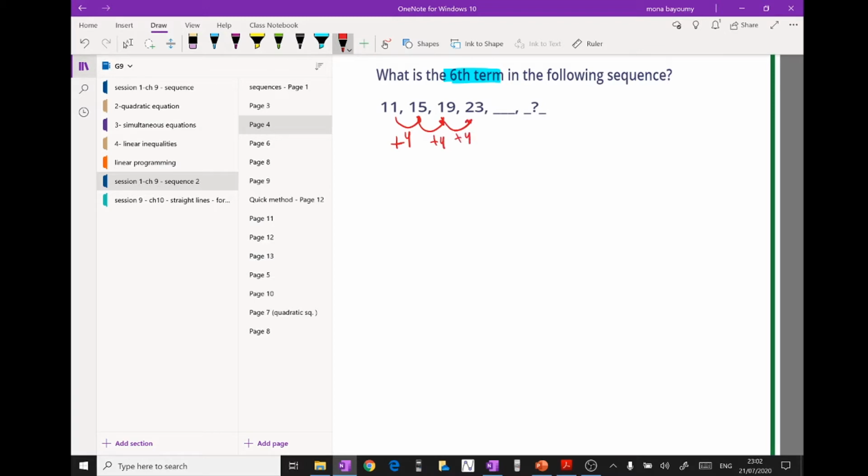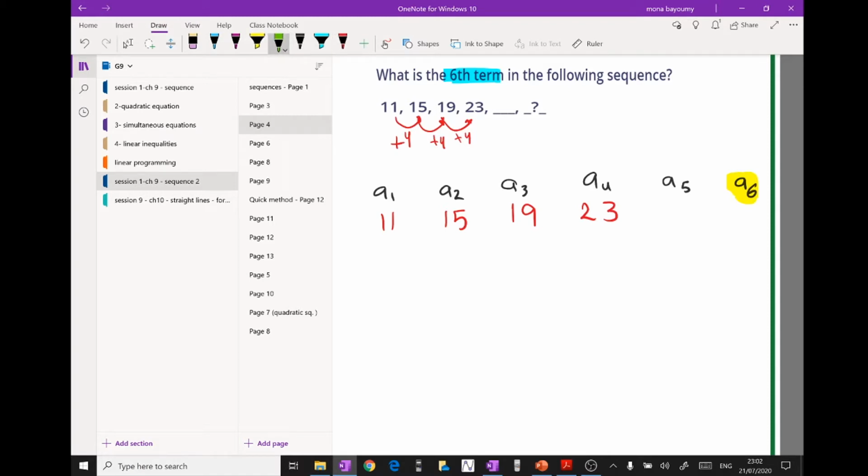So here our sequence is 11, 15, 19, 23. 11 is the first term, which we represented as A1. A2 is 15, A3 is 19, A4 is 23, then A5 and A6. We need to find A6. So it's easier if you find A5 first, then find A6.